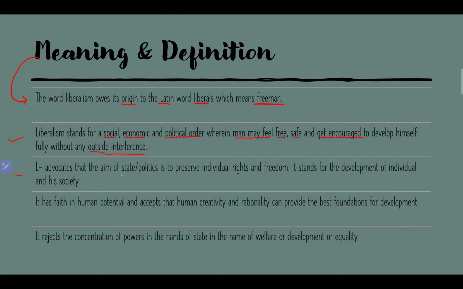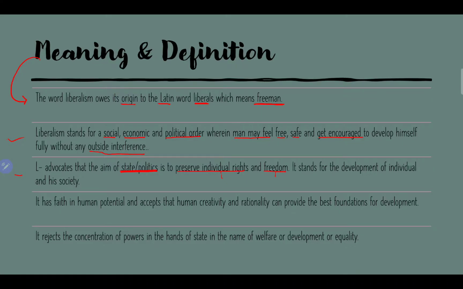What is the aim of state politics? The main aim of liberalism is to preserve individual rights and freedom.